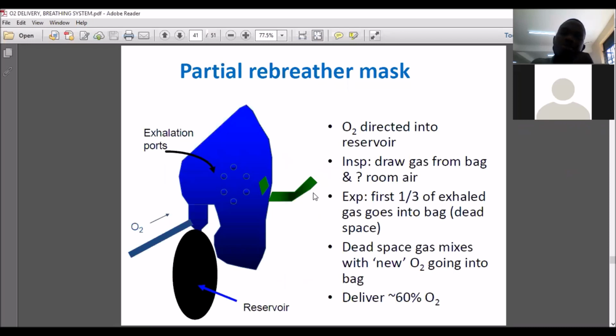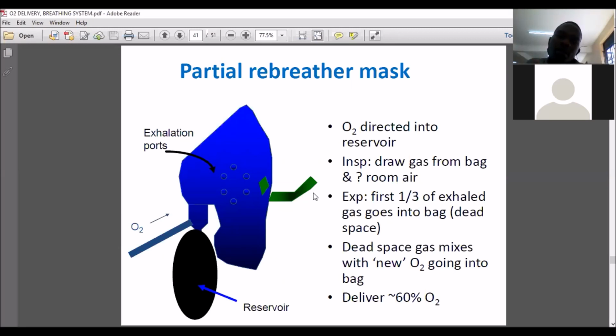Then a partial breathable mask, the ones usually used for nebulizers, okay? So it has the exhaustion ports, it will have some reservoir, it keeps part which can come back or can go out, it depends, okay? And also the oxygen delivery pipe. So the oxygen is directed into the reservoir.